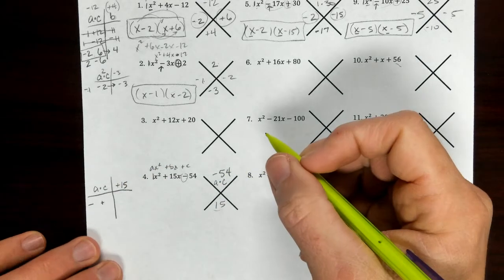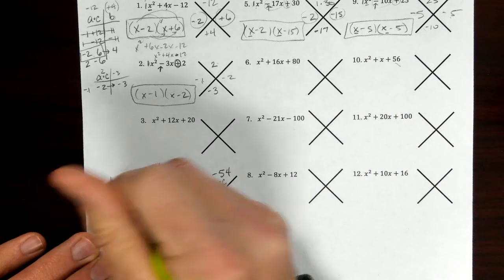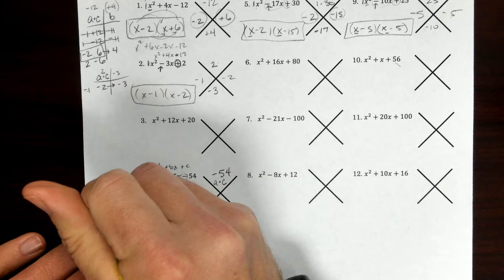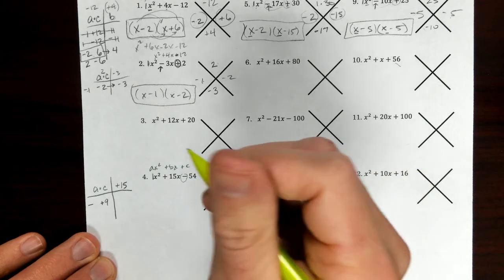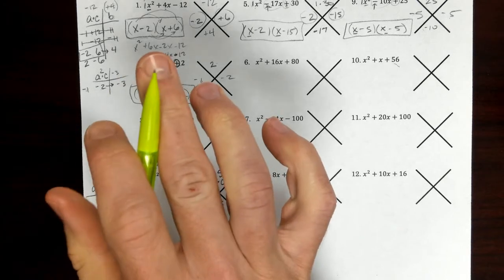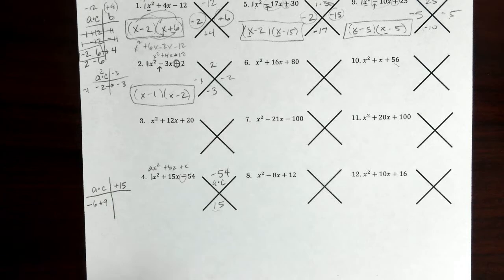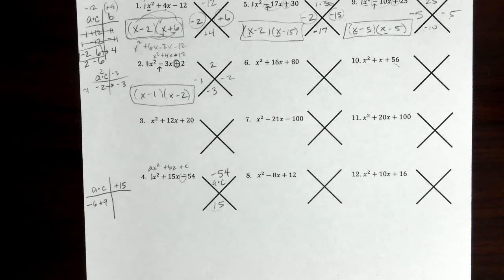So some factors of 54. Okay, I'm going to go ahead and tell you, this is going to look at 9 and 6. Now, if I'm looking at factors of 54, again, they have to have opposite signs.